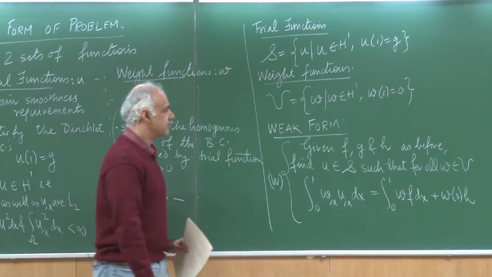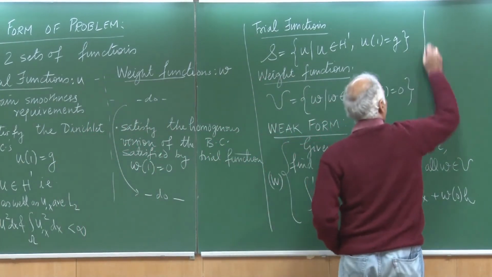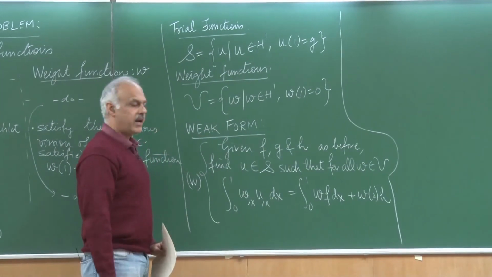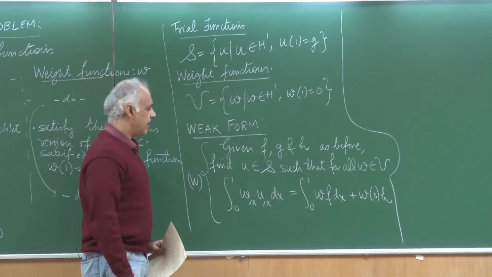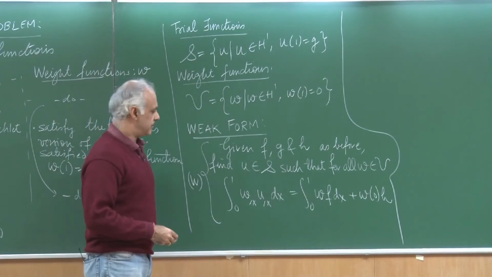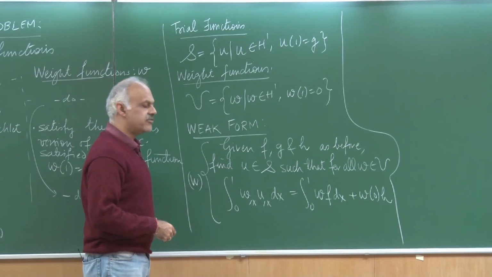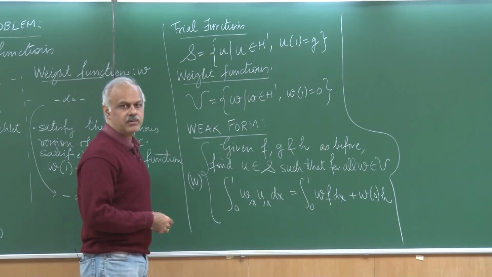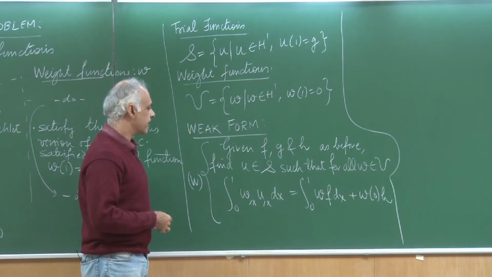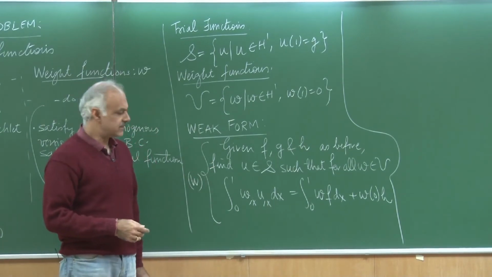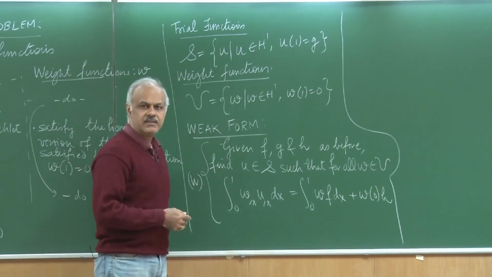All right. So, what we have proposed is a strong form and a weak form. The finite element method starts from the weak form of the problem, and the finite difference method and several other methods start from the strong form of the problem. This is still in the infinite dimensional space, that means there is no approximation.